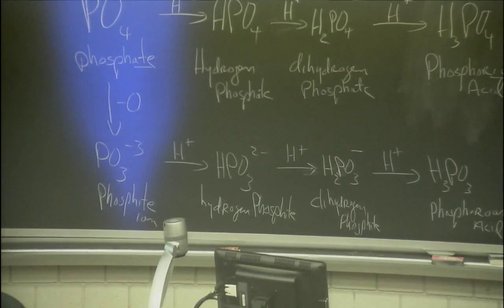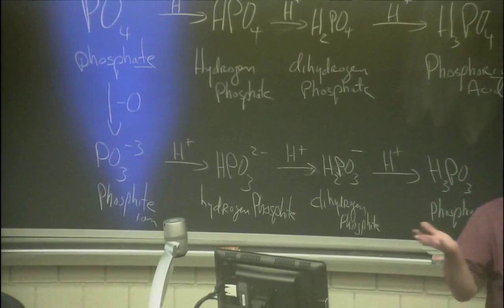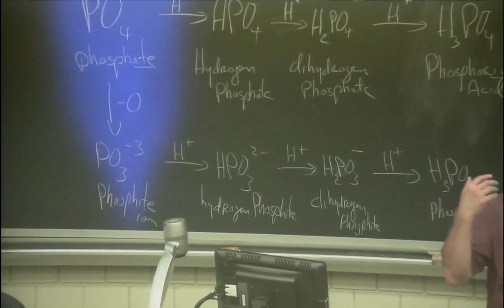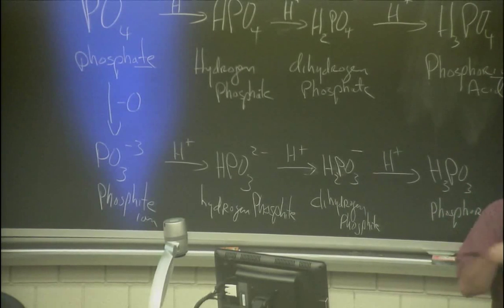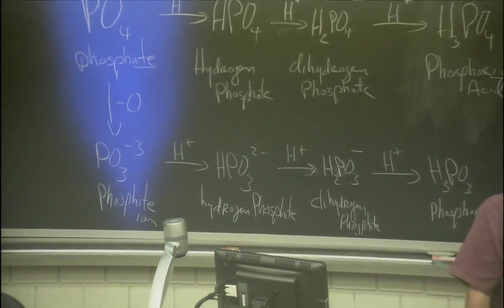There's some in here you're just going to have to memorize. There's some in here that, like I have hypochlorite. Like, what's that about? But I think by showing you the method to this, it'll make it a little bit easier. And on exams, if you see dihydrogen phosphite, if you can remember what phosphate is, and remember a couple of rules, you can backtrack it to figure out what the formula is.